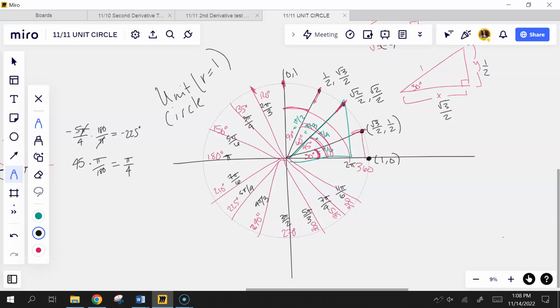Here I'm at the same place, but my x is negative, because I go over in quadrant 2, which means x is negative, y stays positive. Negative 1/2, square root of 3 over 2. So everything's the same, but all the x's become negative.